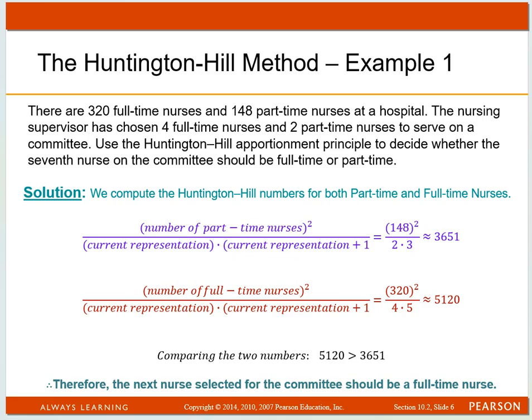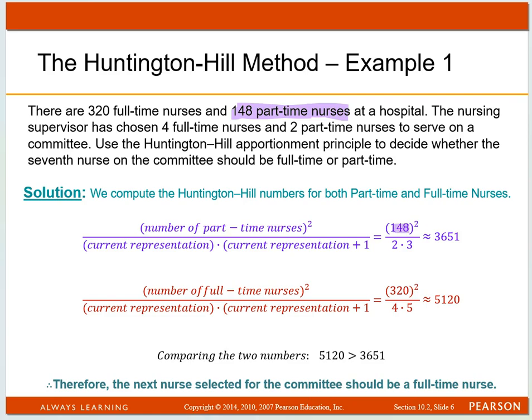So we're going to compare the Huntington Hill numbers. And so I did the full-time in purple. There were 320 full-time nurses, right? So I did not do that in purple. I did part-time in purple, sorry. 148 part-time nurses, right?